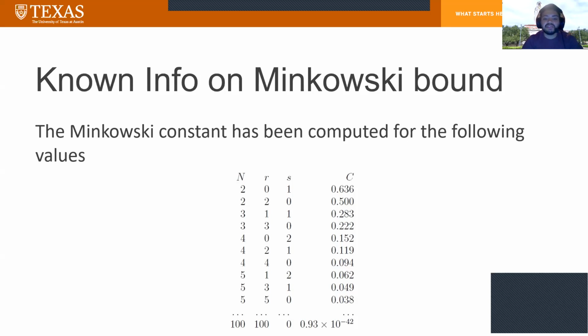There is a formula to get these numbers, n equals r plus 2s, and basically they just ran through all the possibilities, and we have the following chart.